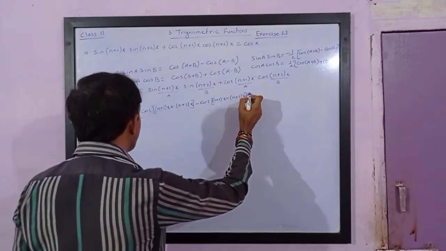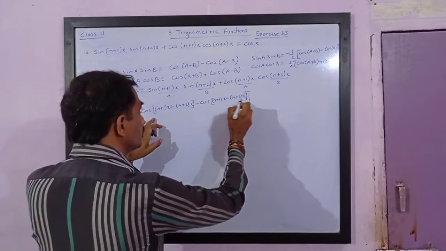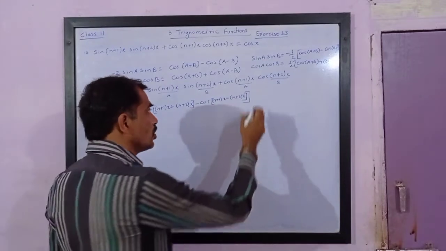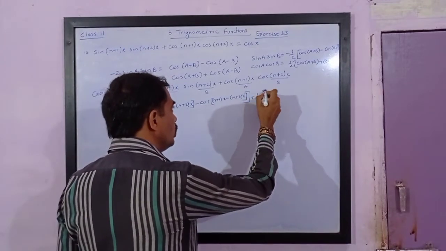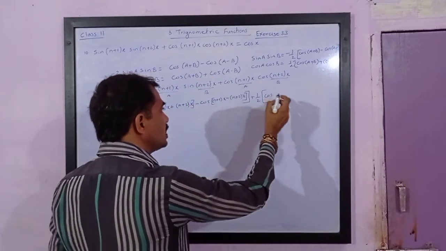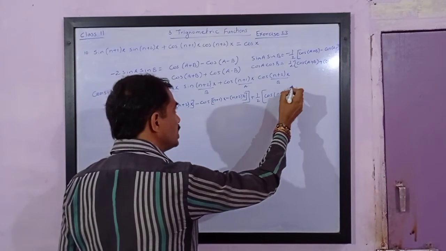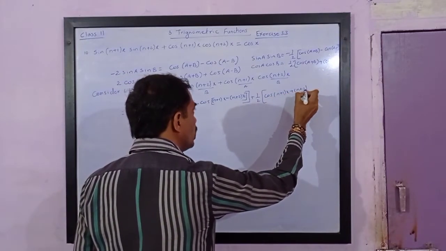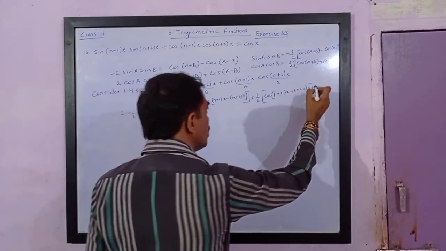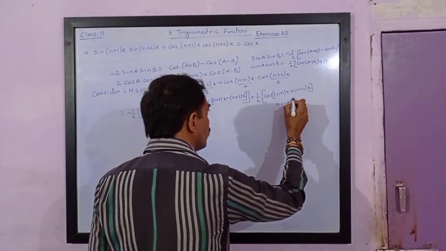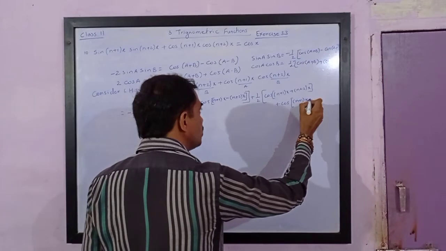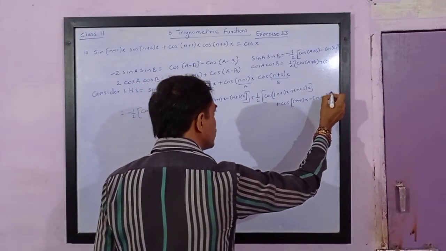This is for the first bracket. Now for the next, cos a into cos b, we are going to use this. So we will get plus 1 upon 2 in bracket, cos(a plus b), a is this (n+1)x plus (n+2)x, plus cos(a minus b), (n+1)x minus (n+2)x.